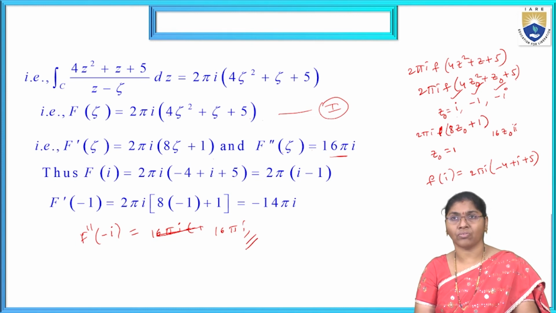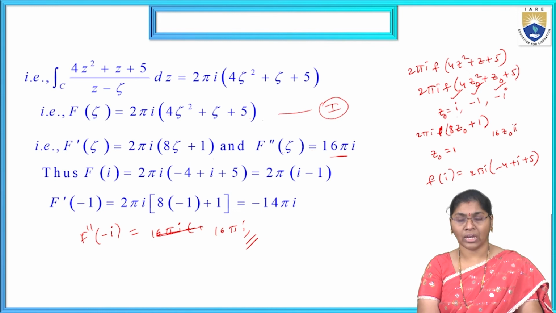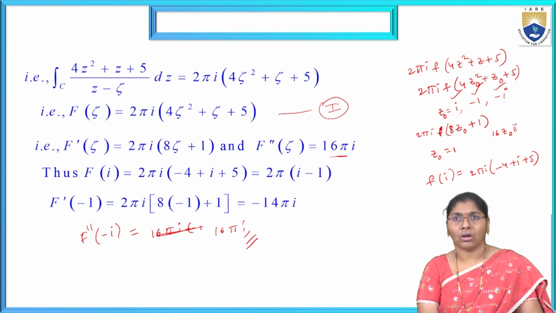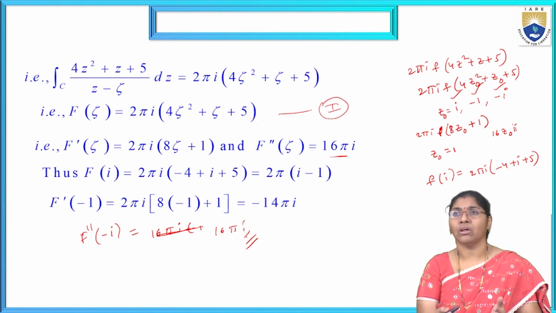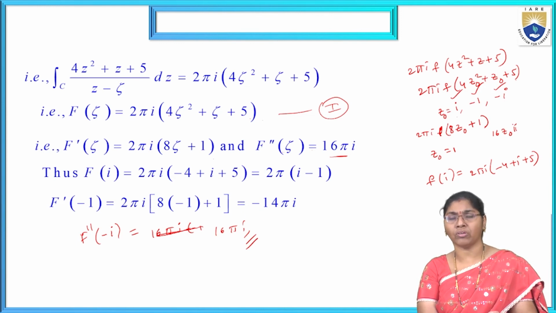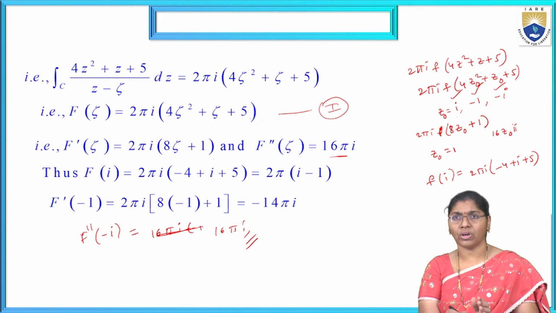Here there is no z value, so I am not substituting anything. For f dash of −1, 8z with z equal to −1 gives 8 into −1 plus 1, total −7. Then 7 into 2, 14, so the total is −14πi. Finally, f double dash of −i is 16πi; there is no z value, so I am not substituting it. It is only 16πi.